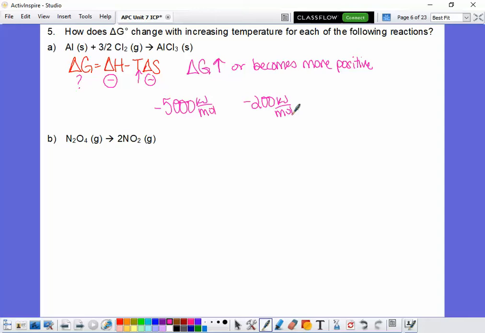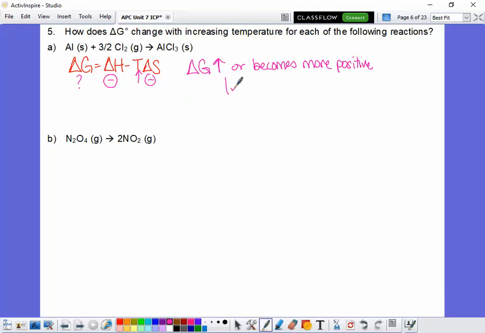Negative 200. Even though 200 is a smaller value than 5,000, it's negative. So this would be an increase of delta G. We're looking at a number line. We've increased the value. We've increased delta G. Or it's become more positive, which decreases the favorability.